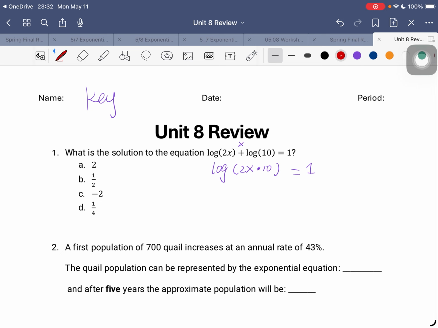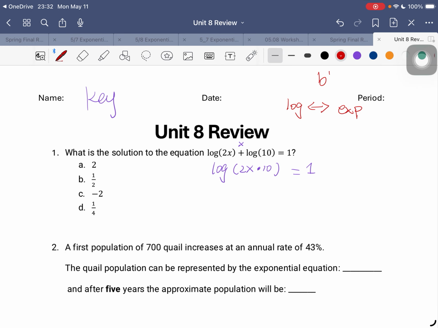Okay, now we need to convert logarithm to exponential function, because when you see log, you solve it using exponential. When you see exponential, you solve it with log. For logarithm and exponential, we all need three letters.